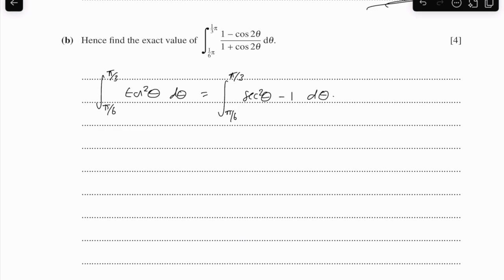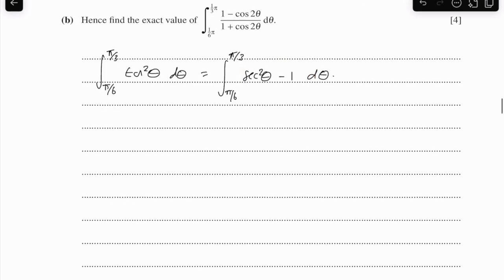Right, so now we're integrating this bit over here. If we're integrating that bit over there, this means we get tan theta minus theta between pi over 3 and pi over 6.